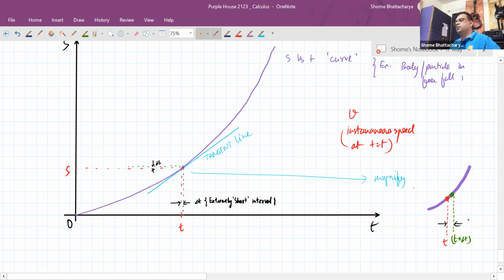So this is that very short interval of time delta t, and this is that very small distance traveled during that short interval of time delta t.